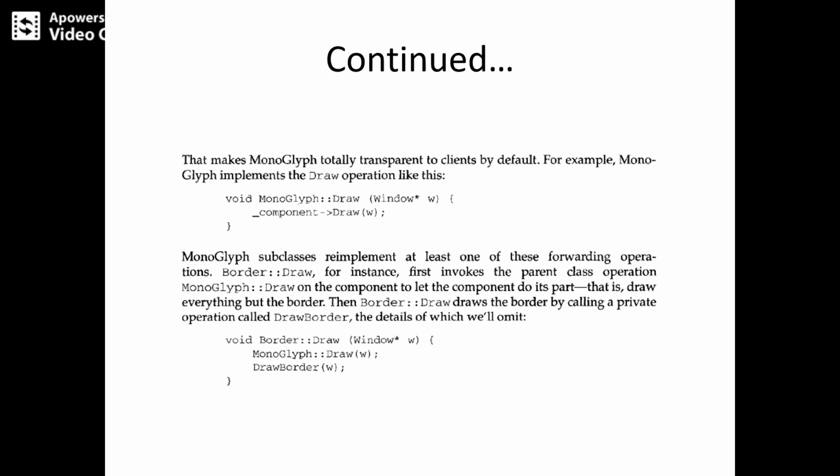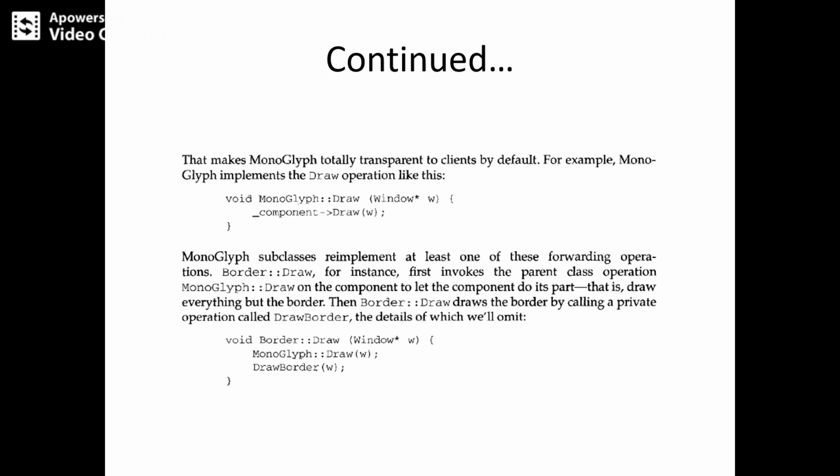That draws everything but the border. Another thing is that Border::Draw draws the border by calling the private operation DrawBorder, as we have seen in the previous diagram.